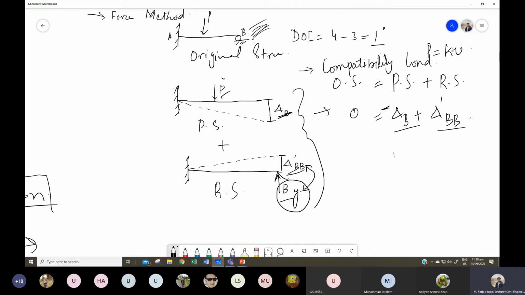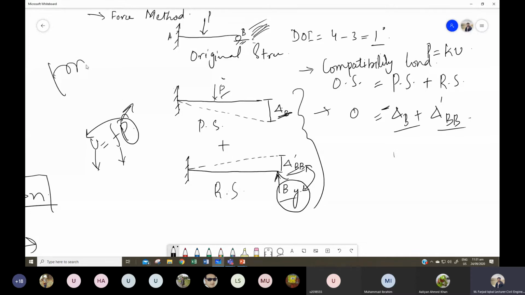Now, if you remember, just now we have studied one relationship, that is U is equal to FP, right? So U was basically the deflection, F was flexibility, and P was the load. And this particular load P was acting in the direction of displacement.